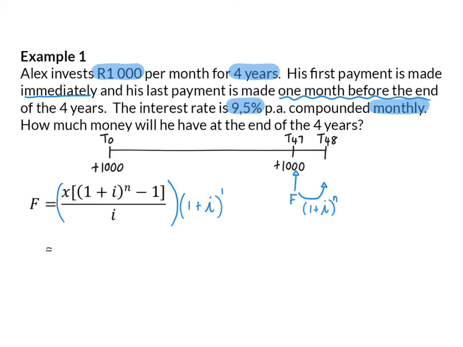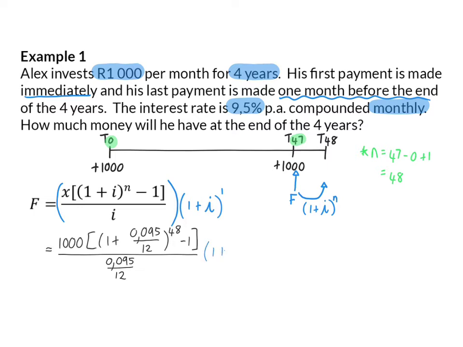And now we can substitute into the formula. Our X is our monthly payment of 1,000 Rand, and this will receive interest of 9.5% compounded monthly. Our number of payments, because he paid up to the 47th month, but he started immediately at T0 already, there will be 48 payments.